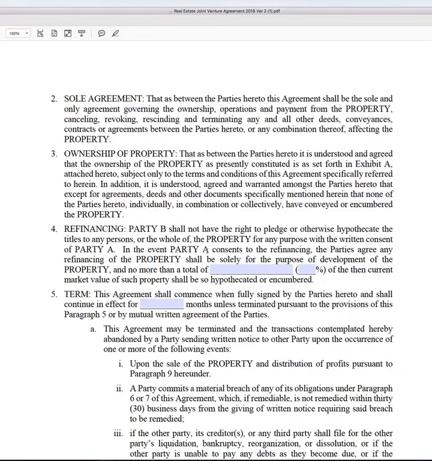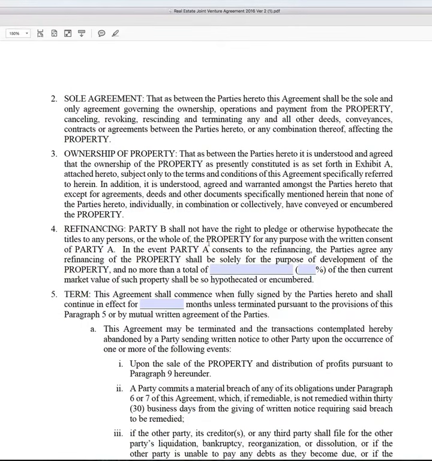Refinancing. This is a question that comes up a lot, whether or not the investor can refinance the property or borrow money against it. Let's say in a particular situation that you have a hard money lender or private money first, and then Party A is coming in as a gap funder, and maybe you're Party A, you're that gap funder.